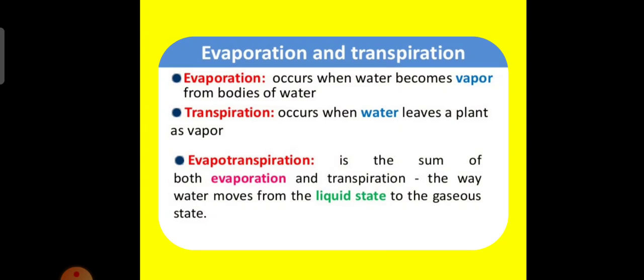When this water leaves the body of a plant in the form of vapors, that process is known as transpiration. And what is evapotranspiration? Evapotranspiration is the sum of both evaporation and transpiration. The way water moves from liquid state to the gaseous state is known as evapotranspiration.